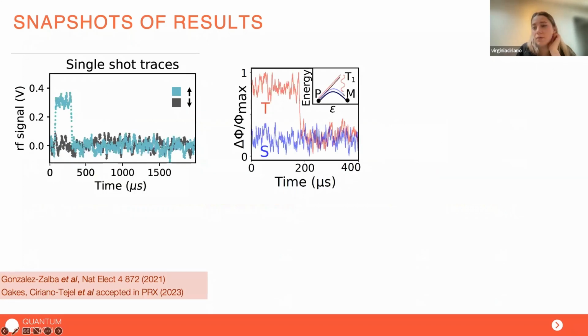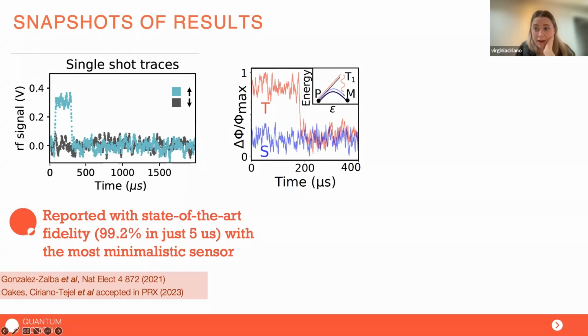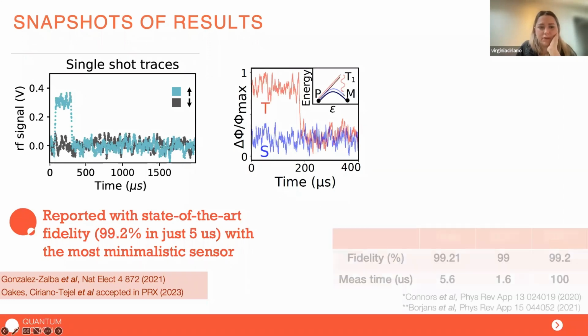And we were able to measure single-shot traces, in both of the ways that I've described before. On the left, there is the single spin measurement, and on the right, the parity measurements. And what was nice is that we reported very high fidelities in a very short time, so 99.2% in 5 microseconds.